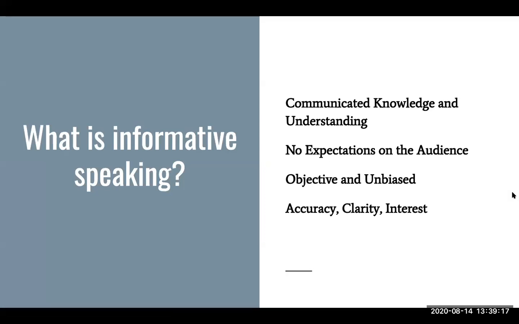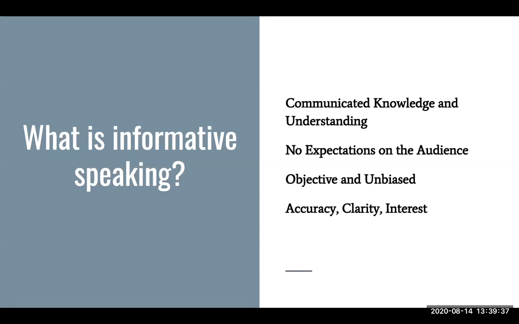And first, we really need to begin with what is informative speaking. You can probably assume from the name that the goal is to inform. In fact, that's what the general purpose is: to inform. But really what we're doing here is communicating knowledge and understanding from the speaker to the audience.